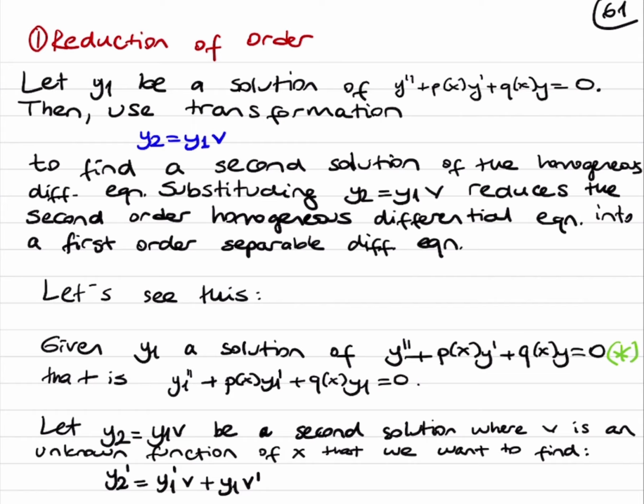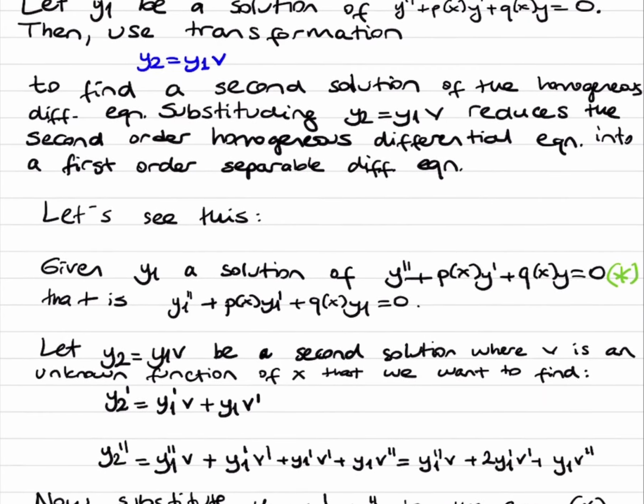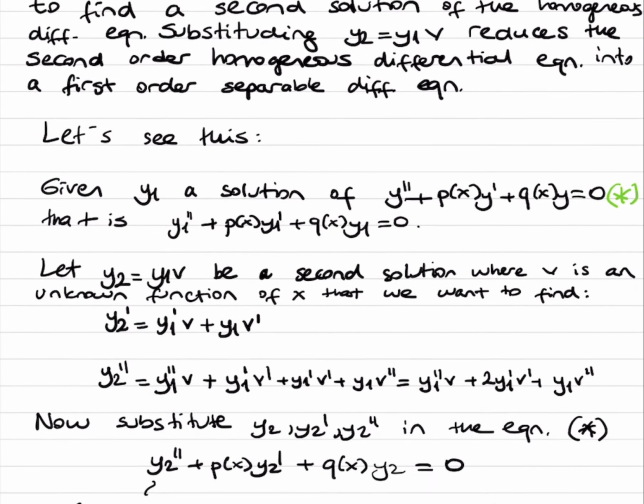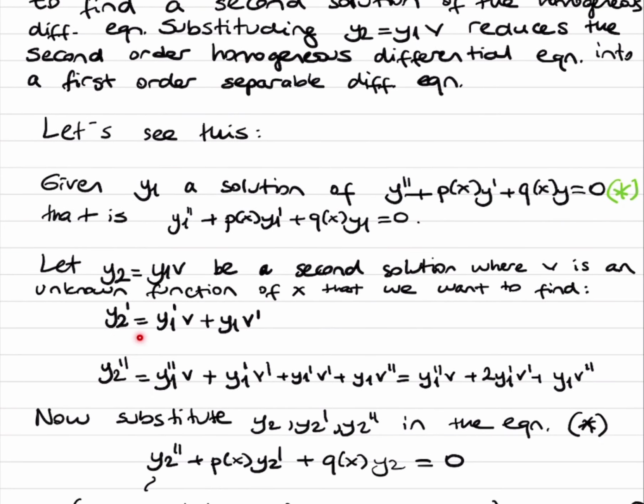Okay, let's put y2 is equal to y1 times v. To do that, we need to take the first derivative and second derivative of y2, and then we substitute in this equation star.